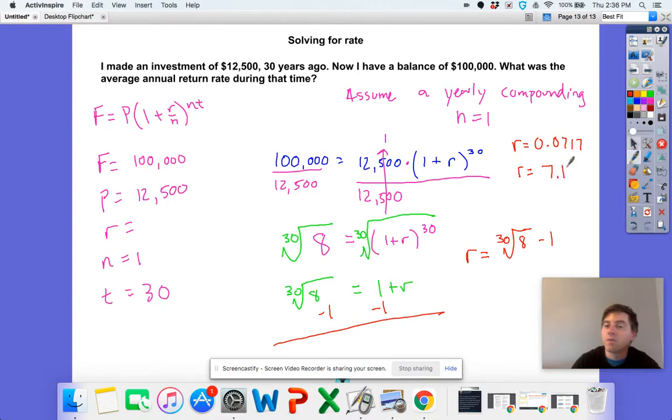So that is 7.17% here. Your average annual rate of return was a little over 7% over those 30 years, and it turned your 12,500 into 100,000.